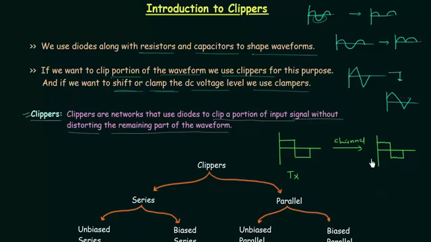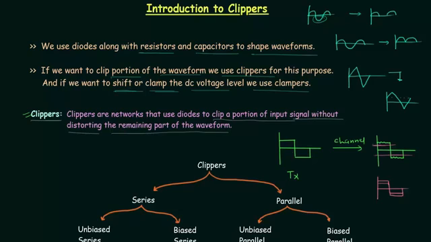So first we will clip this portion of the waveform, and then we will clip this portion of the waveform. After this we are left with signal like this, and we can amplify this signal by using the amplifiers to have the original signal back. Once we amplify this signal, the magnitude will increase and we have the original signal back without any noise.